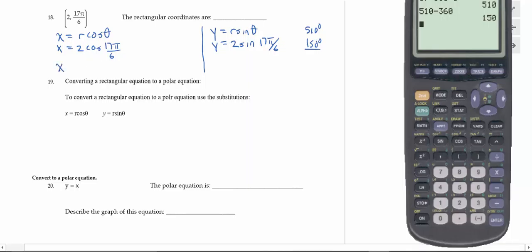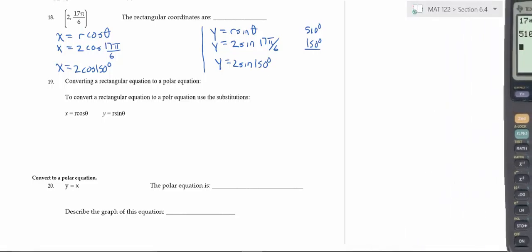Okay, so we're just going to do x equals 2 cosine of 150 degrees. And over here we're going to do y equals 2 sine of 150 degrees. And we just do those things together. If I do a little unit circle diagram over here, at 150 degrees, there's 135, there's 120, so here's 150.